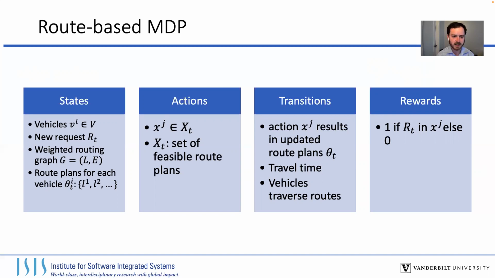Each route plan consists of a series of locations where each location is a pickup or drop off for a customer. The action is a new feasible route plan for all the vehicles in the network, and we have a set of feasible route plans to be selected from. The reward is 1 if the new trip request is included in the action, and otherwise it's 0.